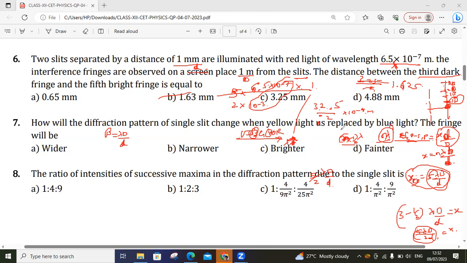So it was yellow, it became blue. So lambda decreased, so it becomes narrower.